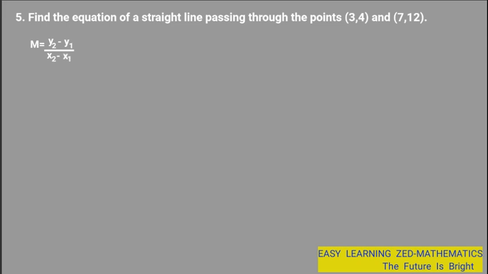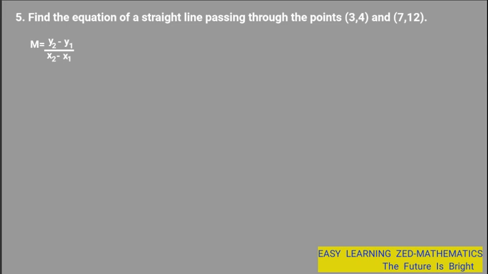Now we're going to identify which one is y2, which one is y1, which one is x2 and which one is x1. So we are going to go to the points given.